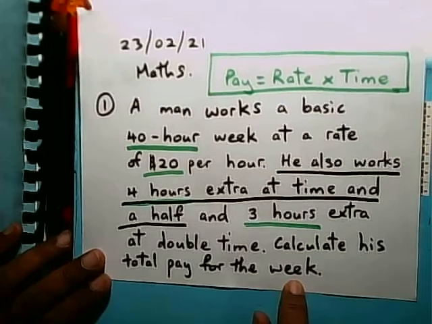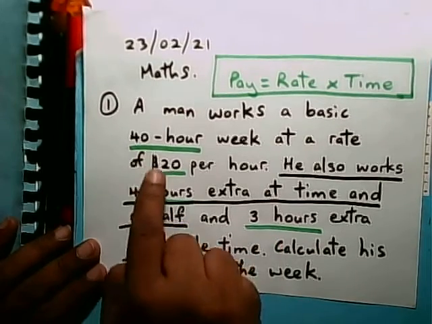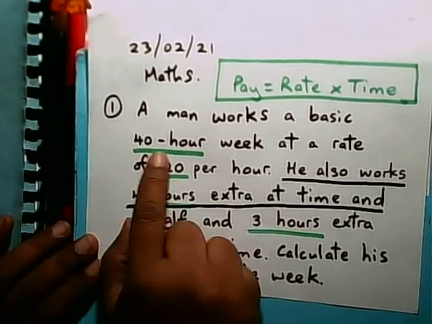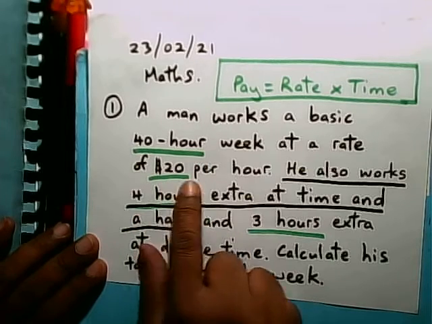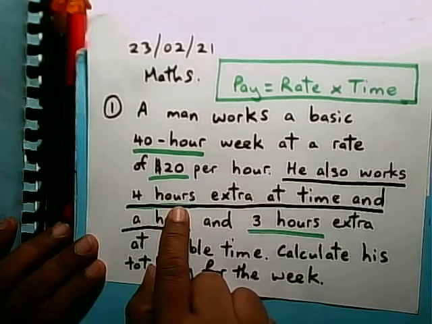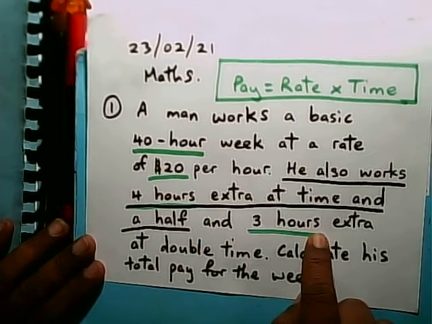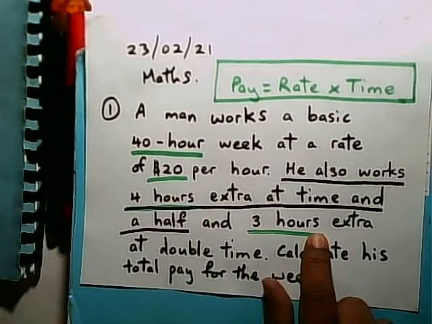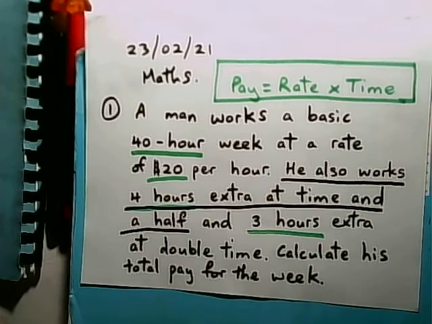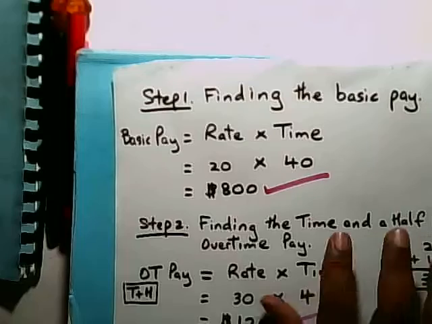So I've underlined in green all the numbers in the sum: 40 hours, $20 per hour, 4 hours at time and a half, 3 hours at double time. Okay, so we have to calculate his total pay and we do it in steps. Step 1.